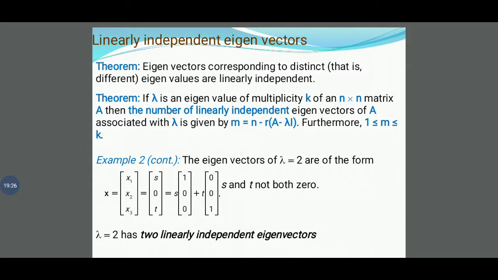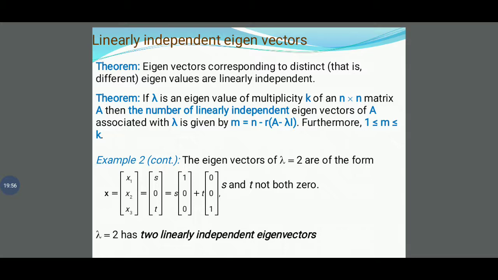Now linearly independent eigenvectors we will see. Eigenvectors corresponding to distinct, that is different, eigenvalues are linearly independent. That is the theorem. And the second is, if lambda is an eigenvalue of multiplicity k of an n by n matrix A, then the number of linearly independent eigenvectors of A associated with lambda is given by m, which is equal to n minus r.